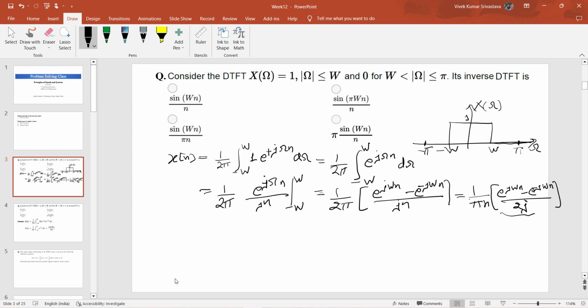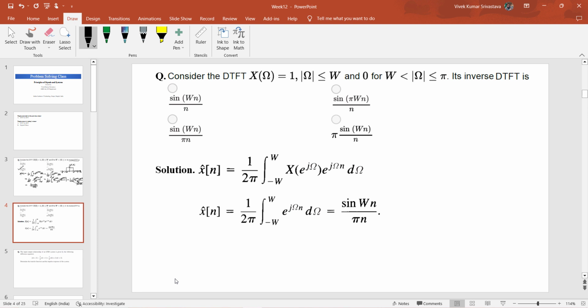This expression is basically sine of W n. So we can further write it as sine of W n over pi n. This is the x of n, the inverse DTFT of this X of omega. So in these 4 options, option C is the correct option.